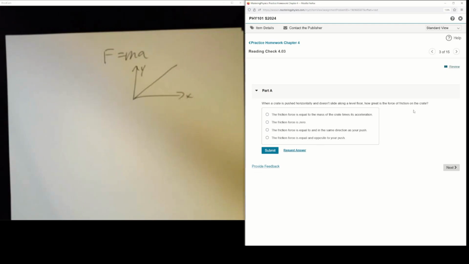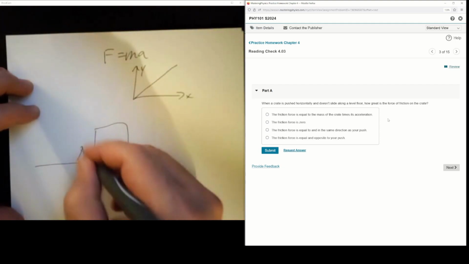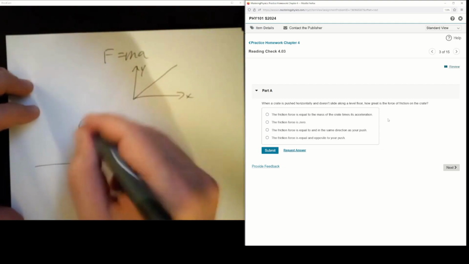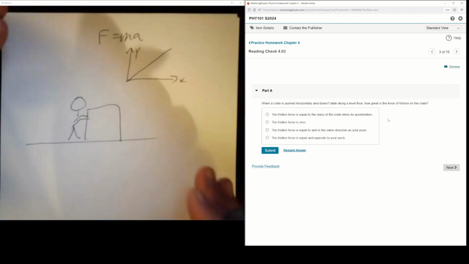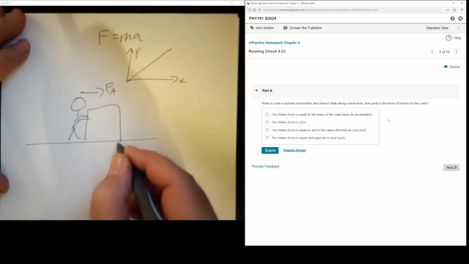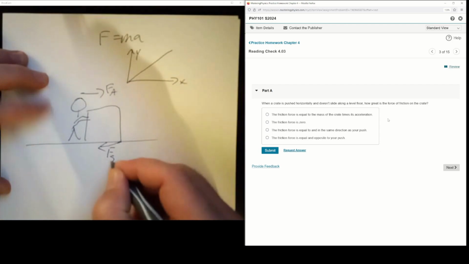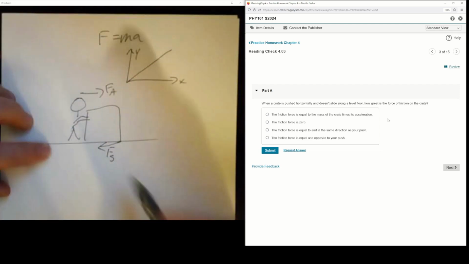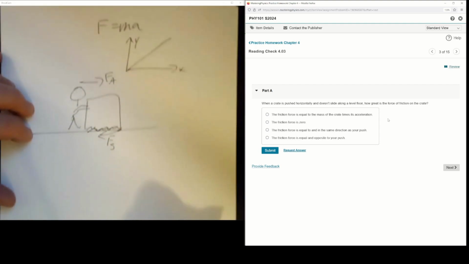When a crate is pushed horizontally and doesn't slide, all right, so I've got a crate, pushing it horizontally, and it doesn't slide. So that means my applied force and the frictional force, if it's not moving, then we're in a static case. That's where everything's locked together at the atomic level.